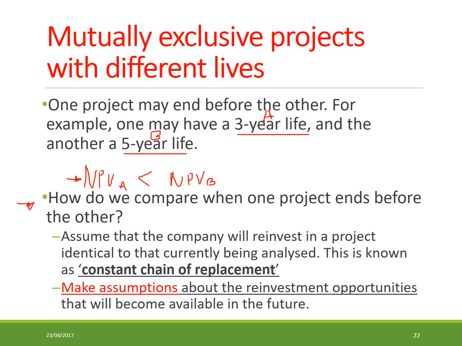For example here, we can assume that the projects continue forever so that we have 2 perpetuities, right? If we have projects that continue forever, they don't have maturity, yeah? So in this case, it's okay to compare the 2 projects, right?